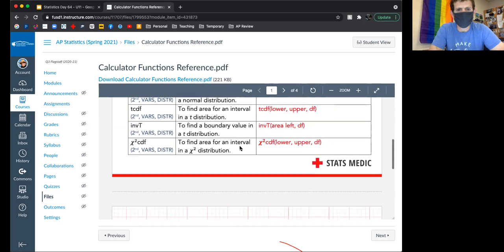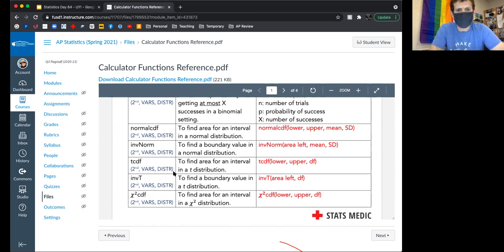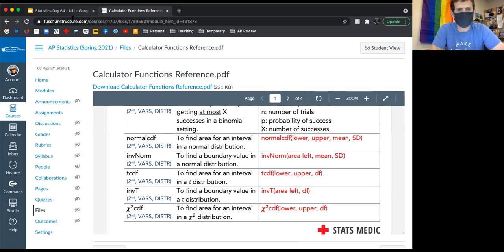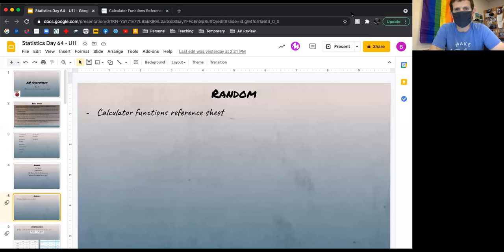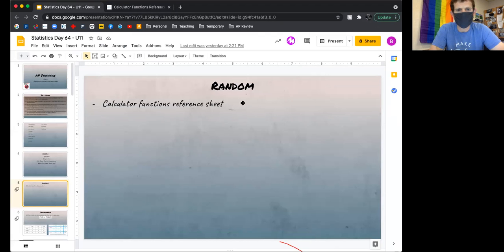So this is a good resource. If you forget how to, for instance, access TCDF, you can see second variables distribution. Okay, so that is all well and good. We don't have to spend more time with this. And just as a reminder, that's under the top little module, which is for resources.